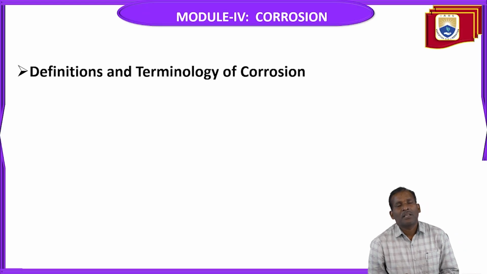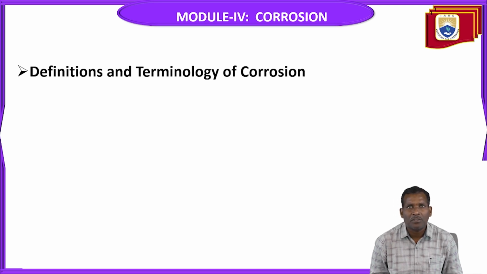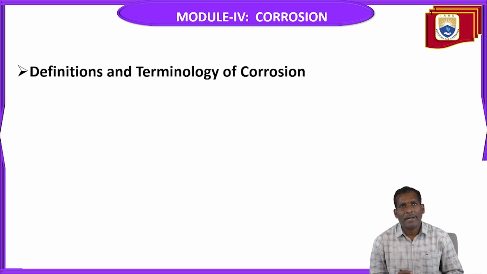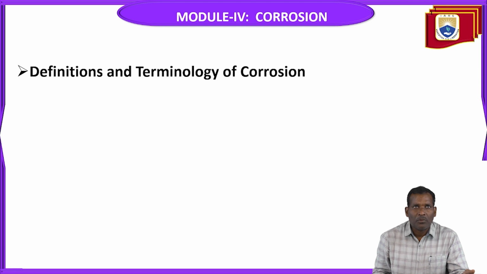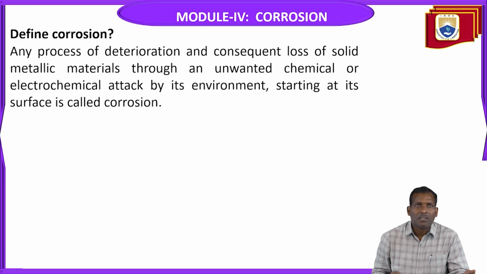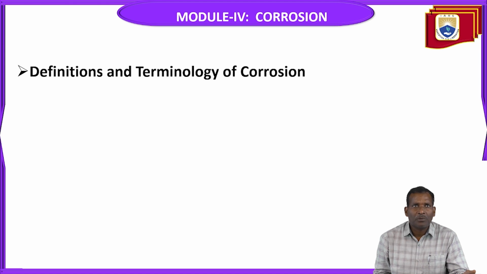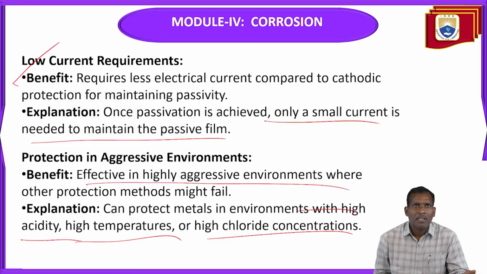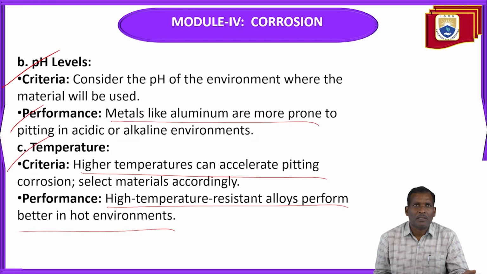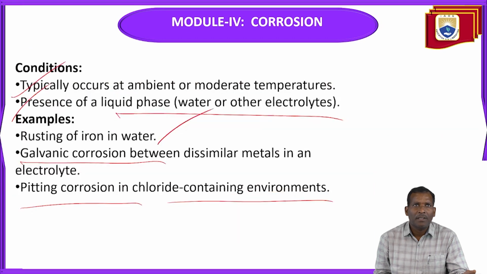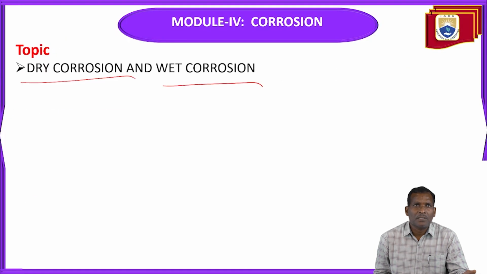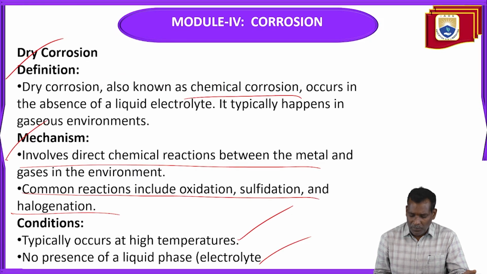Next one is some definitions and terminology of corrosion also added in this session. So once again we will see some important topics and definitions. Up to now, in the first part, we have learned dry corrosion and wet corrosion.